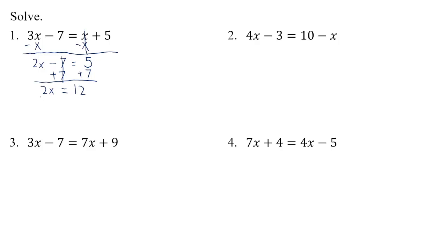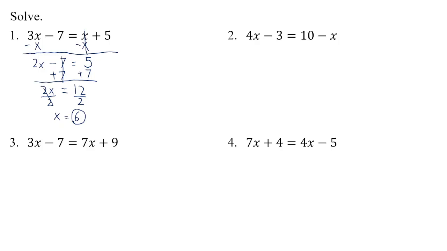Therefore, the opposite operation is division. So we divide this side by 2, and we divide this side by 2. Therefore, we have x equal 12 divided by 2 is 6. Therefore, the solution is 6.